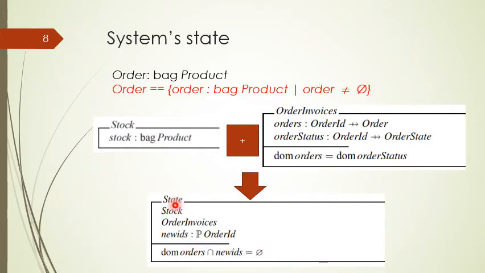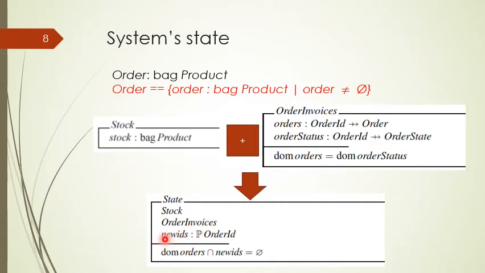However, you can use any suitable name to represent the system state schema. So by writing the schema name stock, you are actually calling the state variable stock, and by writing the name of schema order invoices, you are actually using these two state variables.